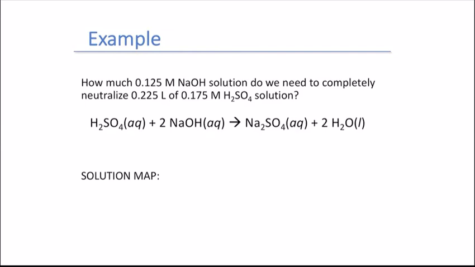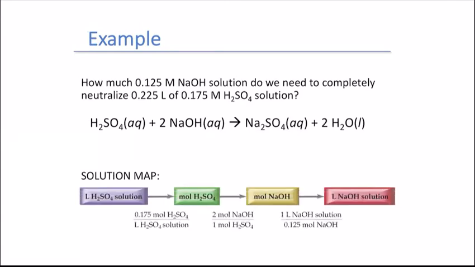So then looking at this, I can also see I have a molarity and I have another molarity, and I have the liters to start with. So I'd start with my liters of sulfuric acid, use the molarity to convert into moles of sulfuric acid, then use the coefficients from the balanced equation to convert between moles of sulfuric acid to moles of sodium hydroxide.